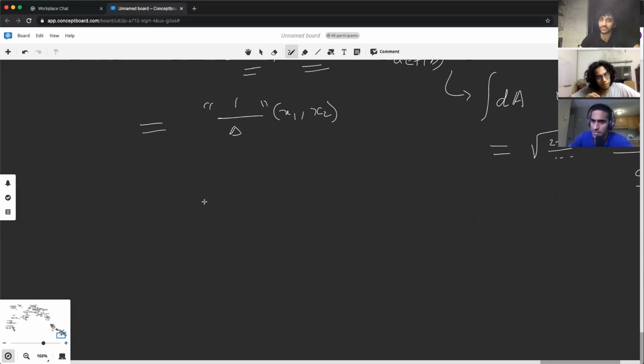But let me just rewrite this as G. The closest thing that can make sense is the so-called Green's function.